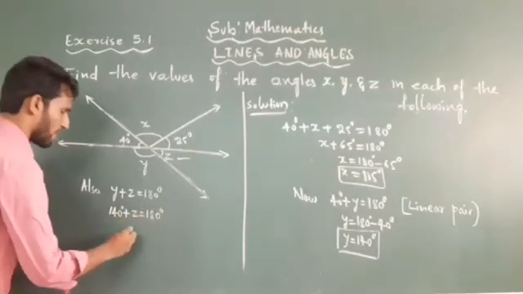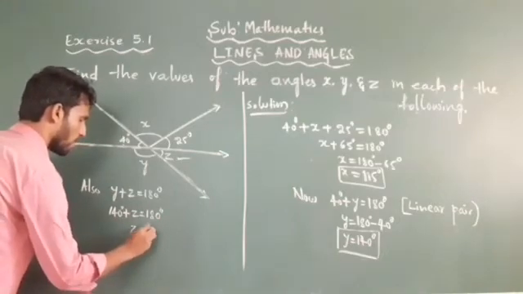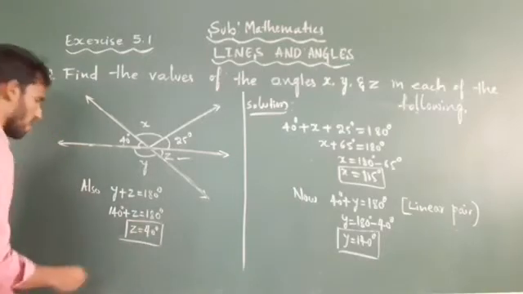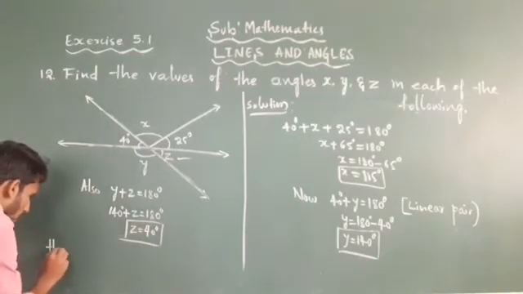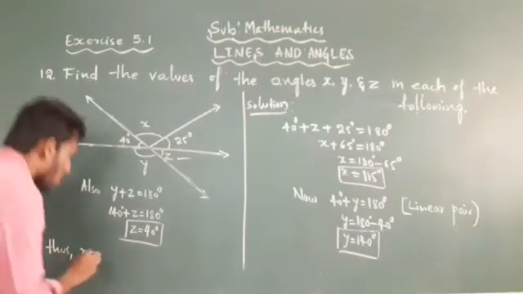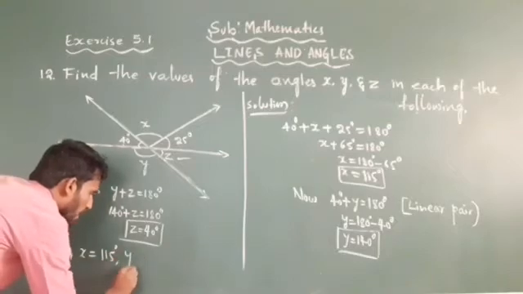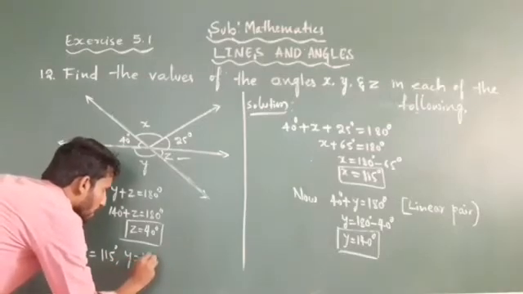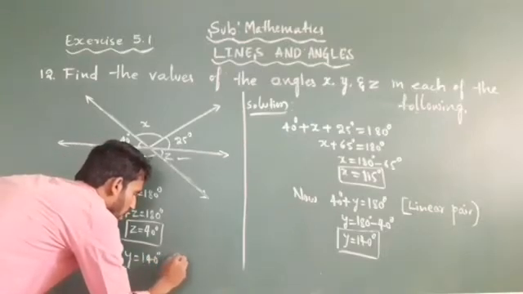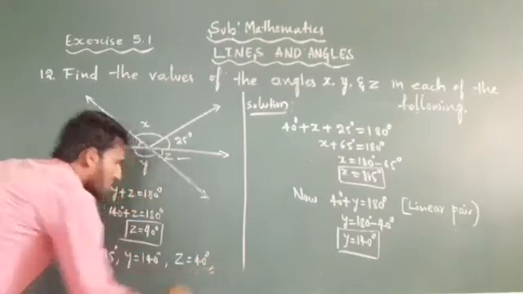When we subtract, we get z is equal to 40 degrees. This is the solution. Now we can write x value is 115 degrees, y value is 140 degrees and z value is 40 degrees.